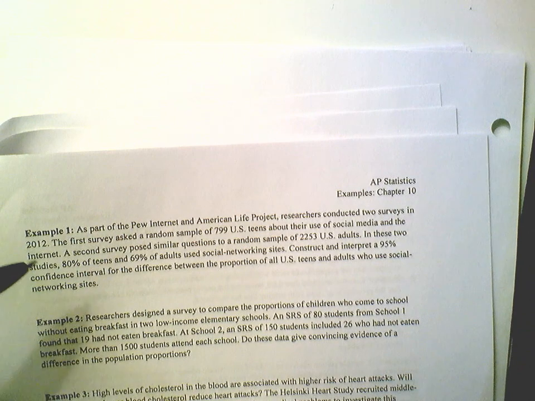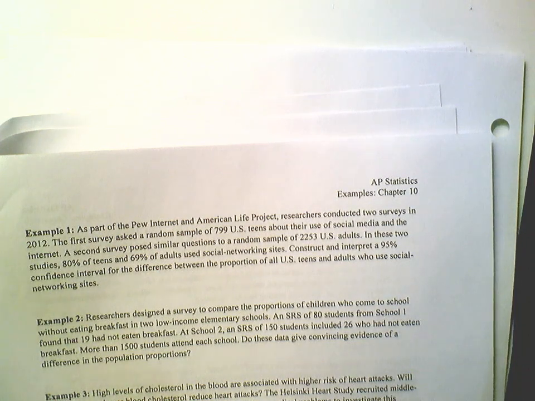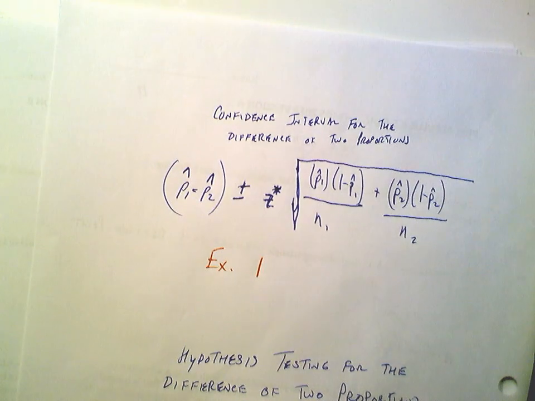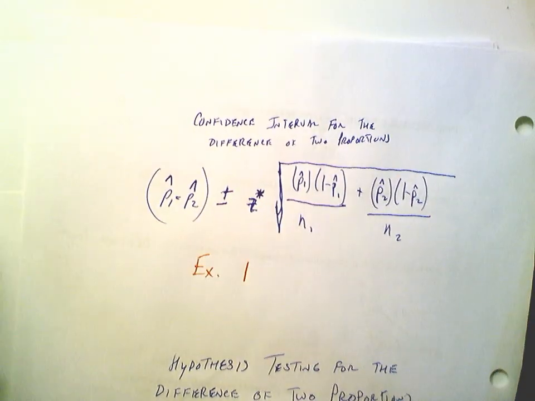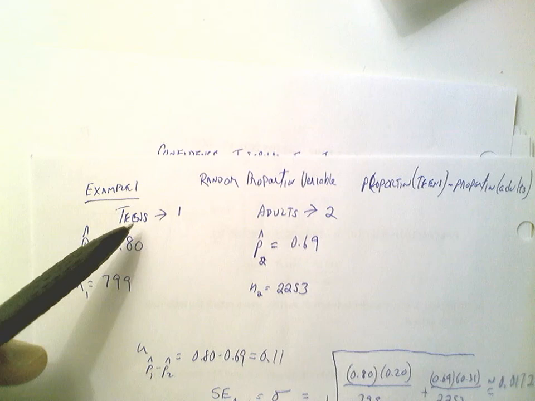What I'm going to do is work off of example 1 that you see here. I'm going to put that away just so we don't have too many papers flying around, but I'll be working from example number 1 from our note set. And here comes that setup. I've identified our two different groups, teens and adults.